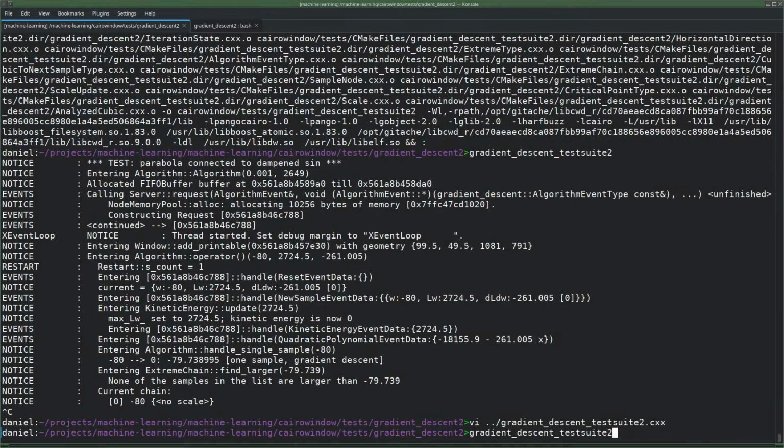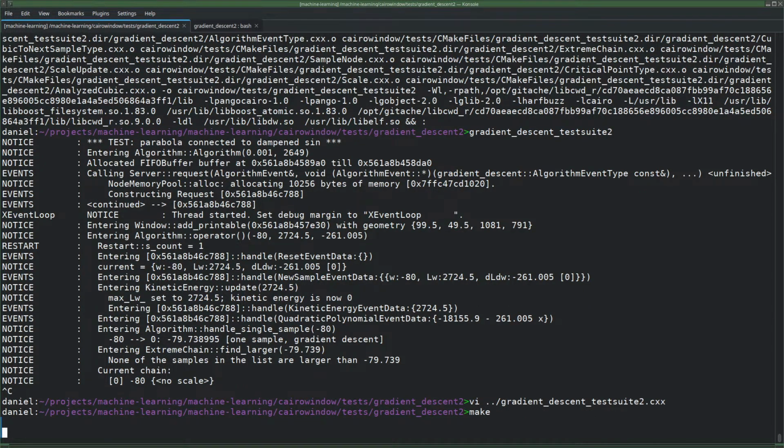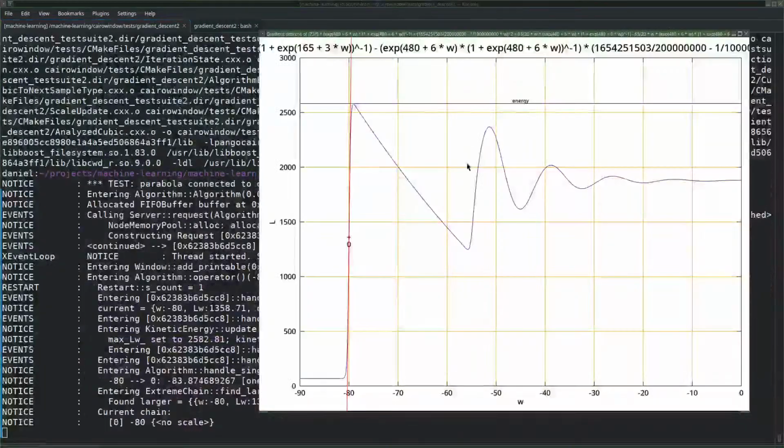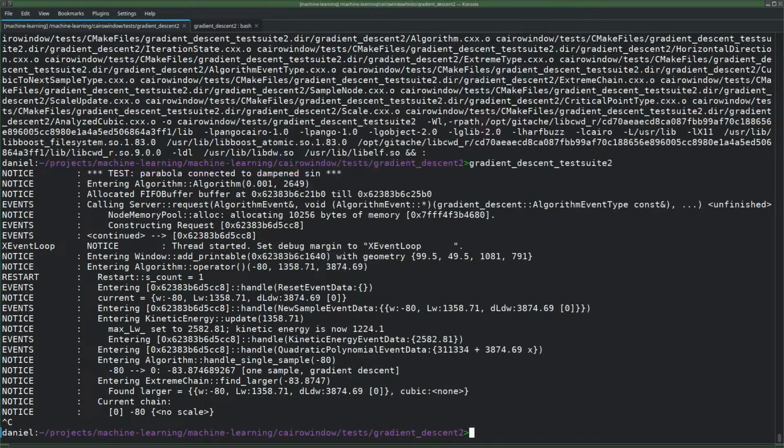It should just still look the same. What the hell? What is going on?